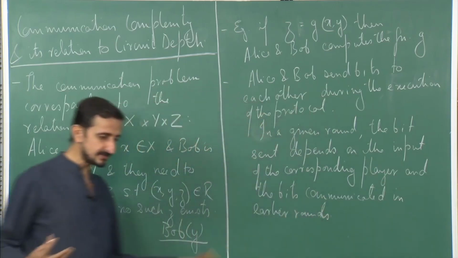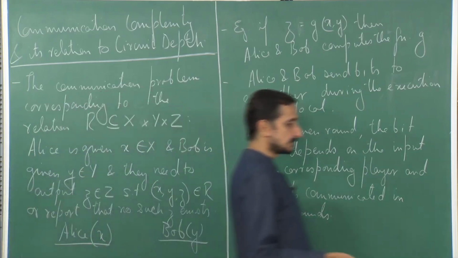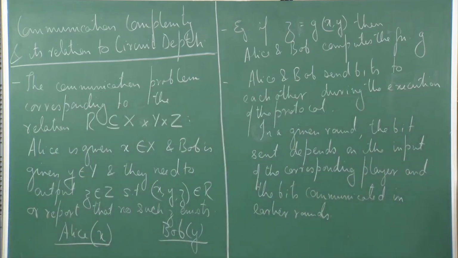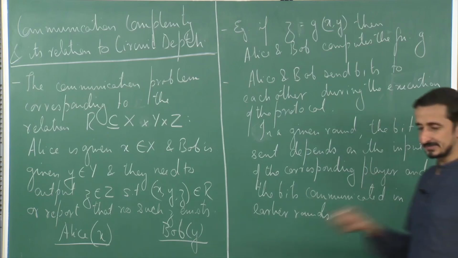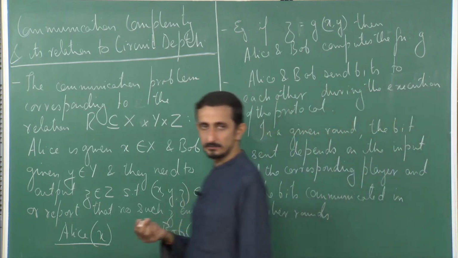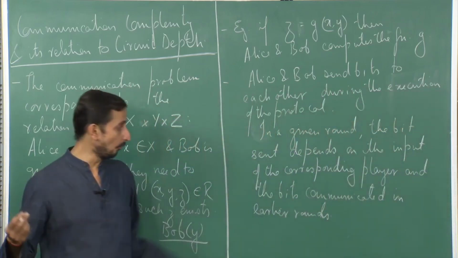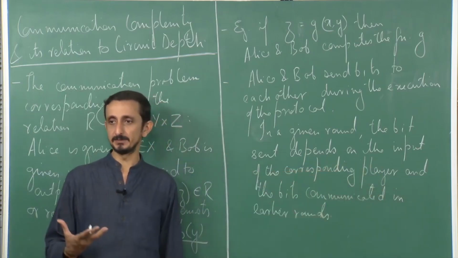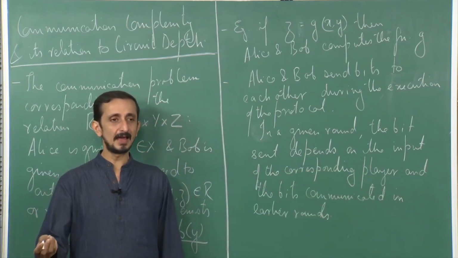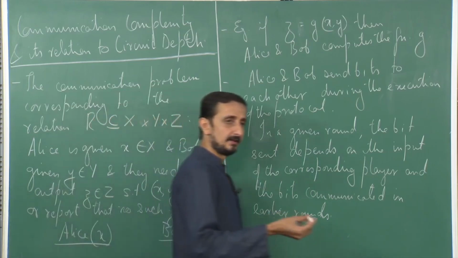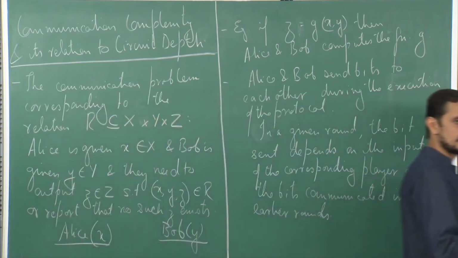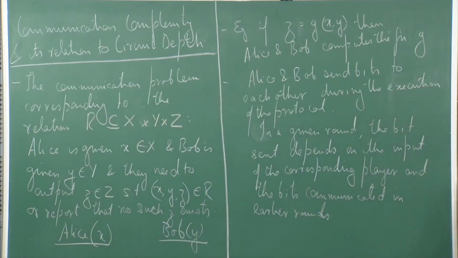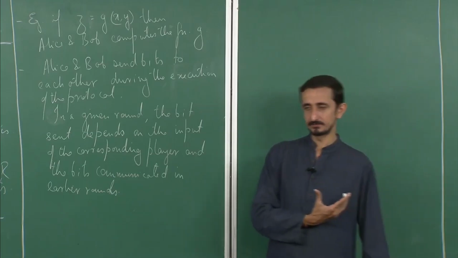Okay, so basically in the first round, let's say we start with Alice. So Alice sends a bit. Because it's the first round, Alice's bit would only depend on the input of the corresponding player, that is Alice's input X. Now Bob will have his own input, that is Y, along with the bit that he receives from Alice.